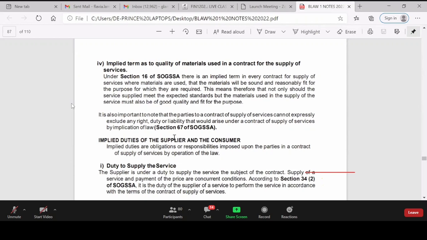If somebody brings chairs that are already cracked and they are going to break any minute, that means that they have supplied you with substandard materials. You go to a hospital and they're giving you expired tablets, things like that. That also means they are breaching their duties. So the materials that are being used to offer this service must be high quality, good quality materials.